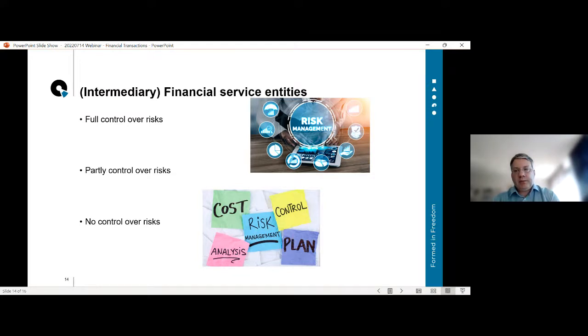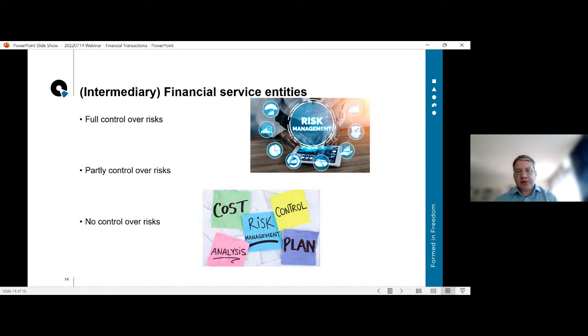So it is not something you will see at the level of the standard financial service entity that is dealing with incoming loans and subsequently on-lending that same loan under more or less the same conditions.